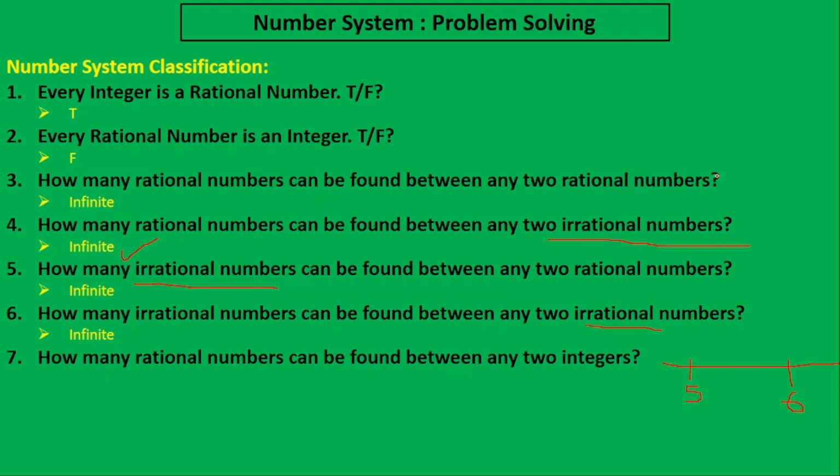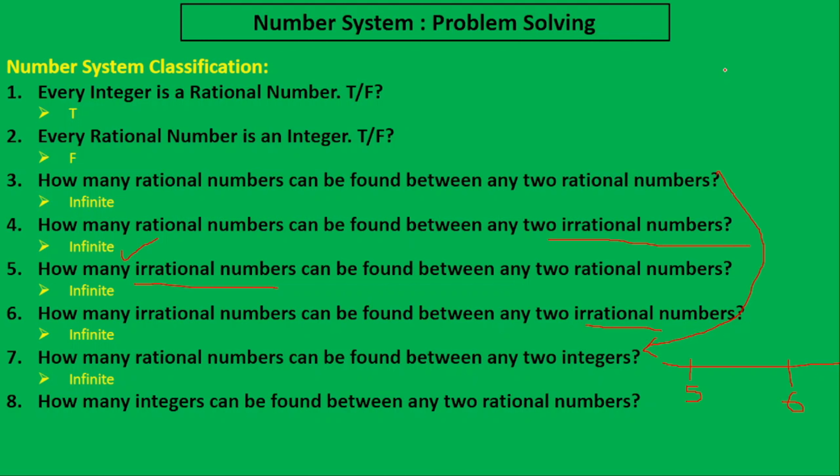How many rational numbers can be found between two integers? It depends. Suppose the integers are 5 and 6, then in between infinite numbers are there. Next question is, how many integers can be found between any two rational numbers? Questions 3 and 7 are linked because integers are also rational numbers.